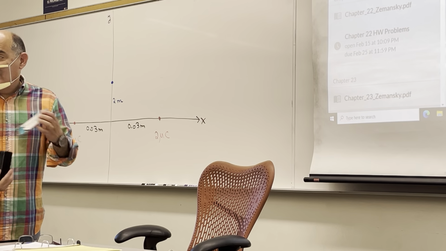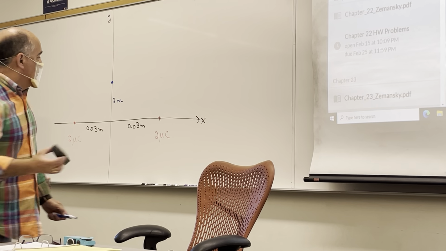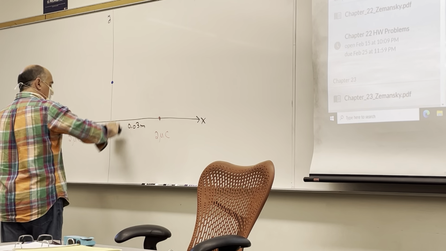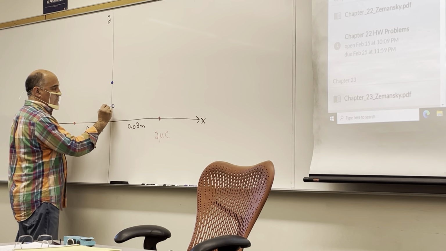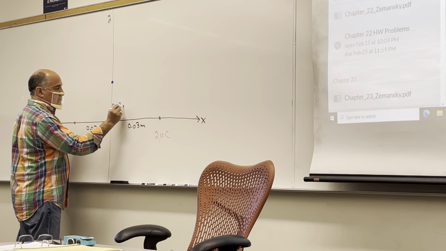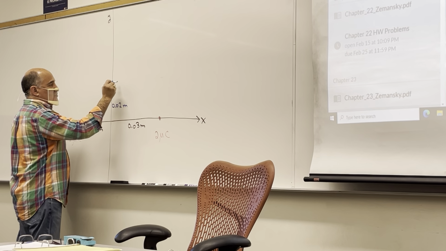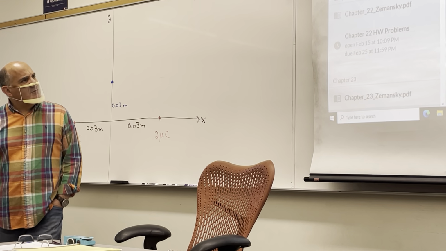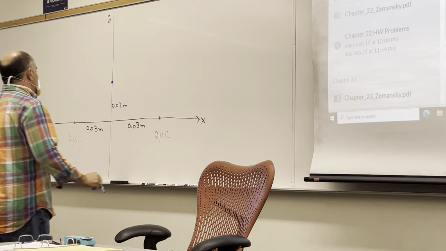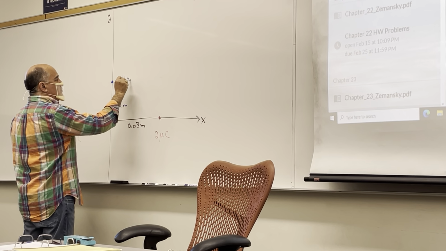And the charge is positive, so they repel one another. And this charge is 4 microcoulombs.